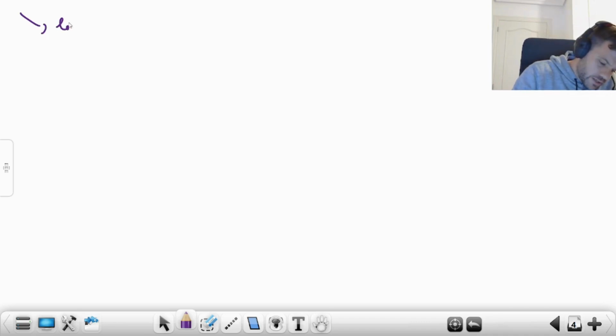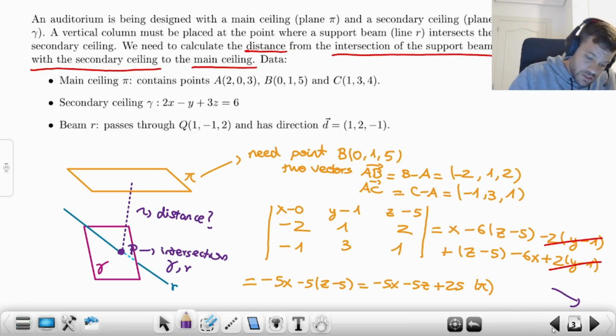So for line R, just for convenience, I'm going to use the parametric equation: point plus vector.